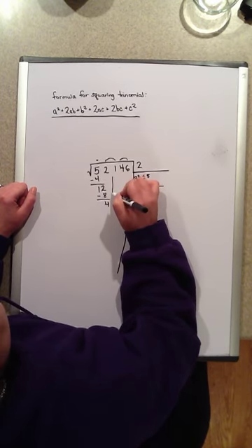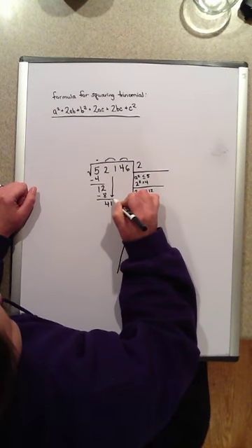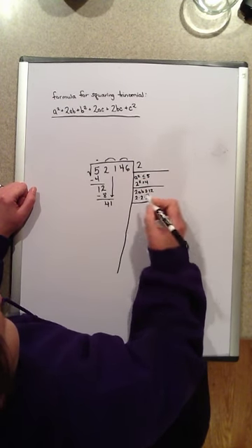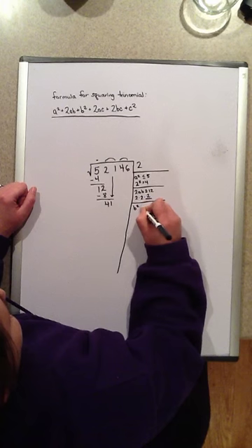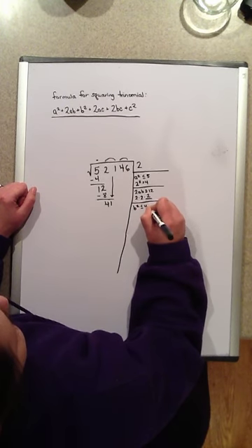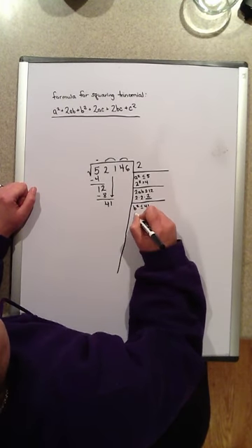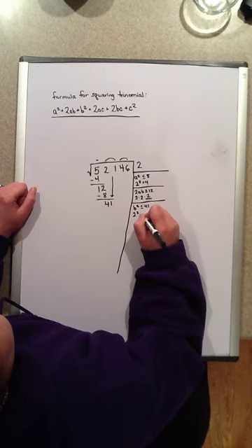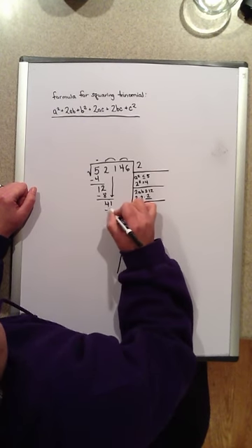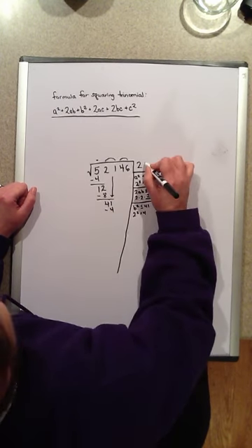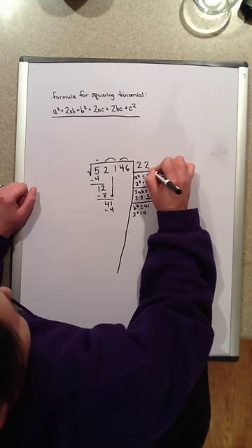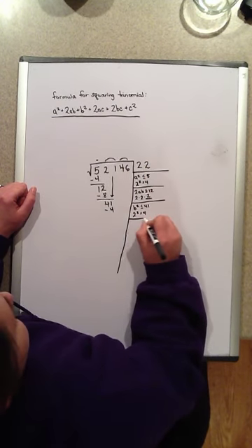We're going to bring down that 1. B squared has to be less than or equal to 41. We said B was 2. 2 squared equals 4. So we can definitely keep 2 as the value for B.